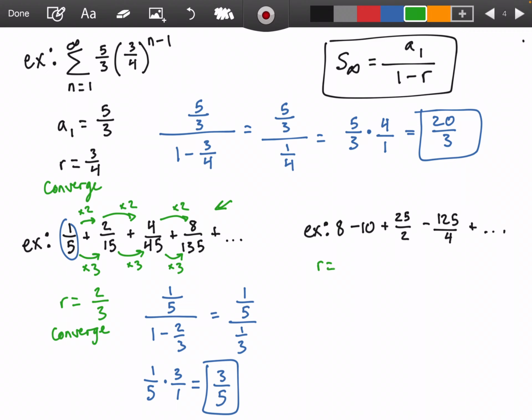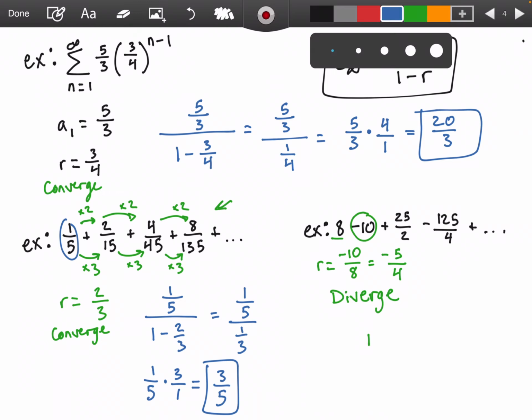So I can just take any term and divide it by the one before it. So I can do -10 divided by 8, and that's -5/4. Well, this is a diverging value of r, which means that the sum does not exist.